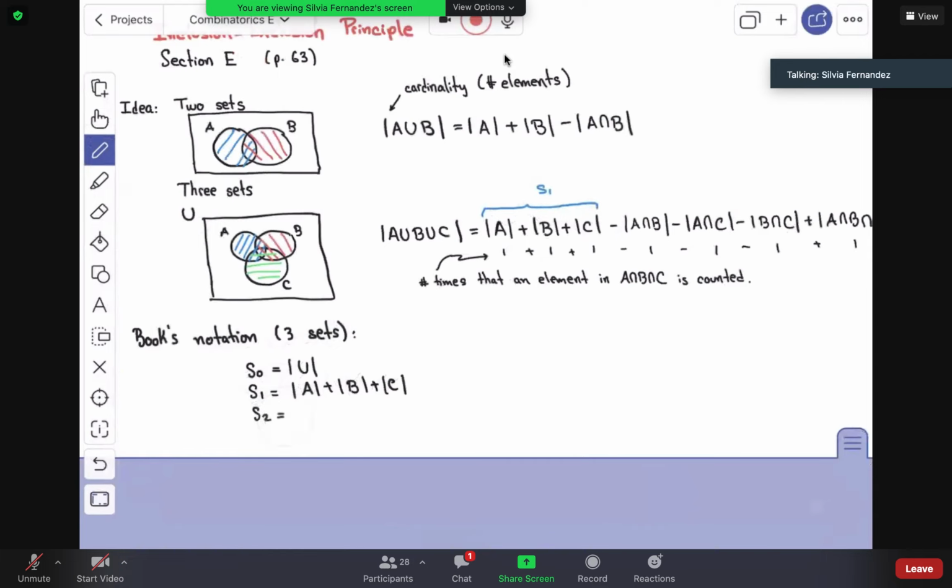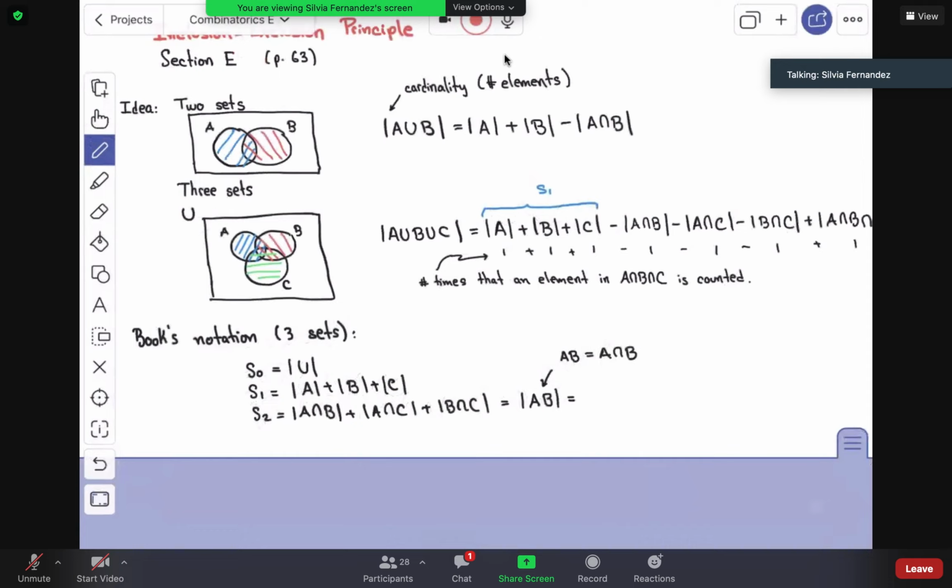Then S2 is going to be the double intersections, the sum of the cardinalities of the double intersections. So the notation so far is fine. What I don't like as much, but I do think that it simplifies the writing, is that they actually write it like this: A, B. So in the book, that's the intersection.